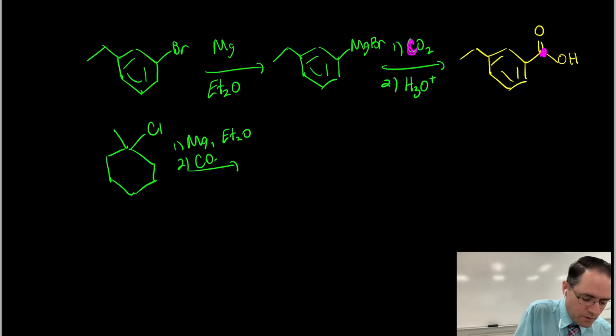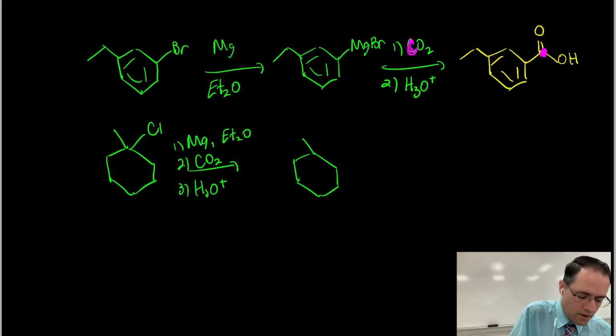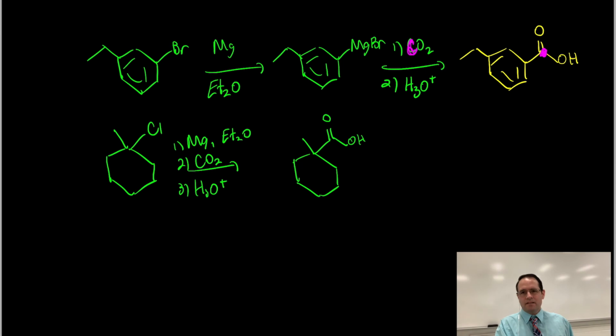I can treat this with carbon dioxide, and I can treat it then with acidic water or something like this, and that will make 1-methylcyclohexane carboxylic acid. So that's a great little synthesis.